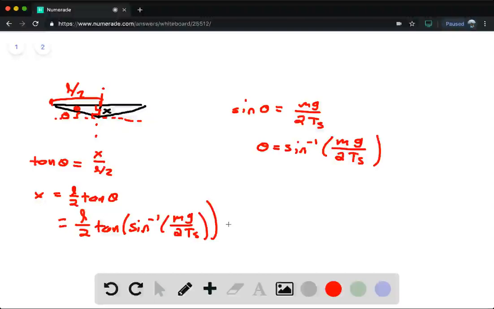If you plug in the numbers there, we know m, we know L, and we know TS, that's 2.9 kilonewtons. You can just write that down: 25 meters over 2.